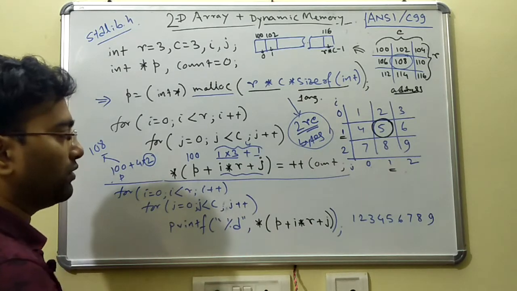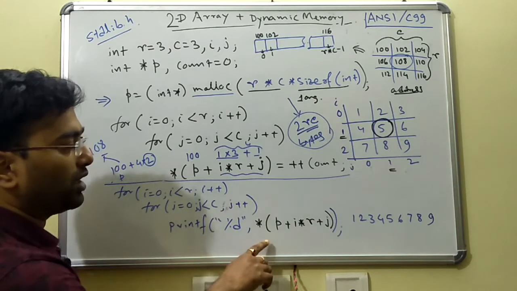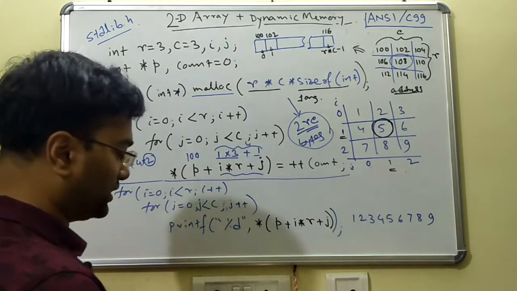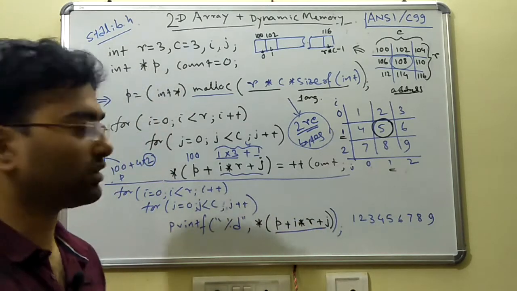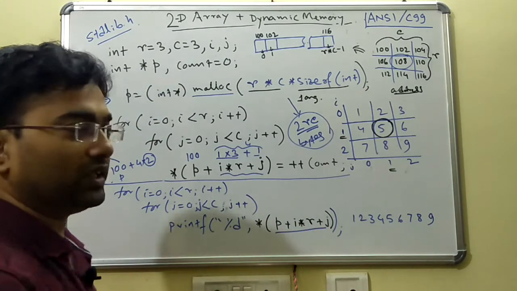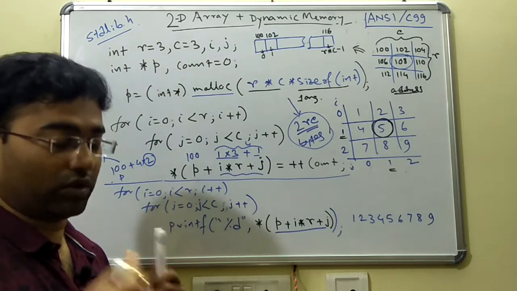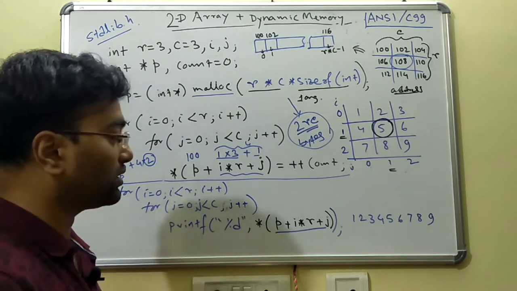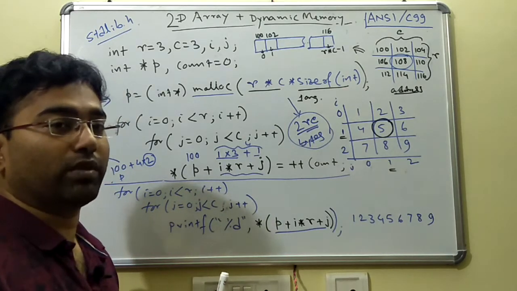Now again, if you want to print these values, you use the dereferencing technique. But remember why this expression looks different from our previous videos: here it is theoretically a 2D array or matrix, but it is represented in a one-dimensional way in memory.